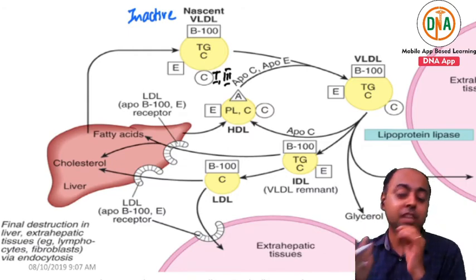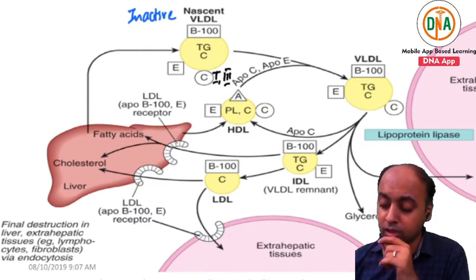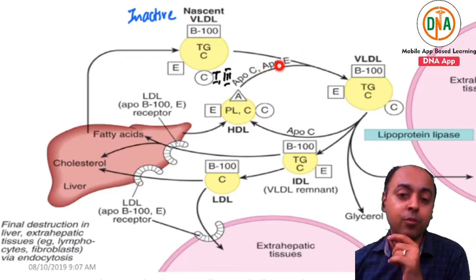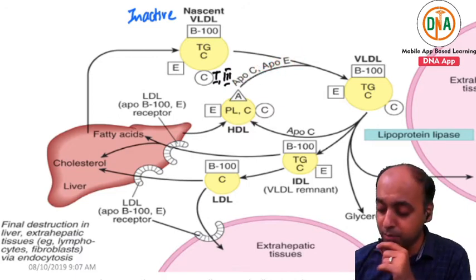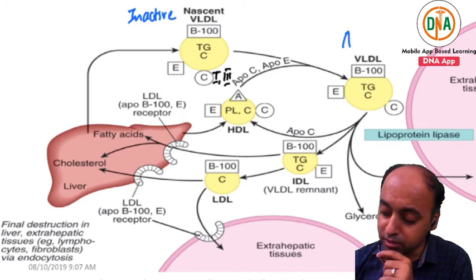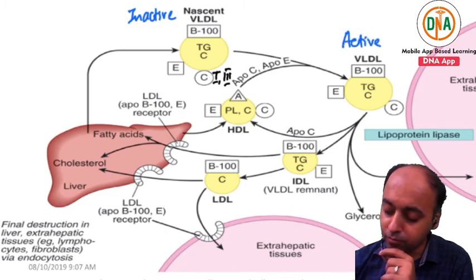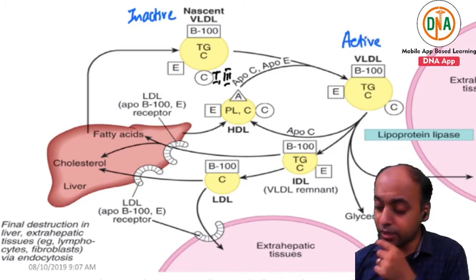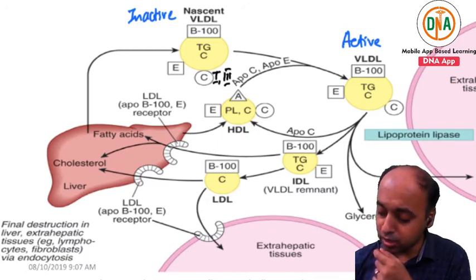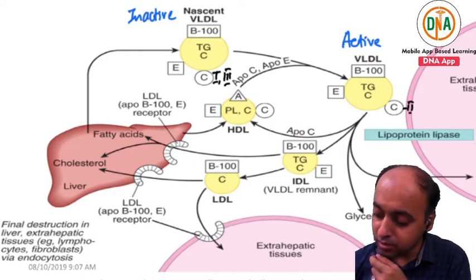Same thing will happen just like chylomicron. It will go in the circulation, receive the ApoC2 and ApoE from HDL and become the active VLDL. The active VLDL will go to the extrahepatic tissue where the ApoC2 will activate the lipoprotein lipase.